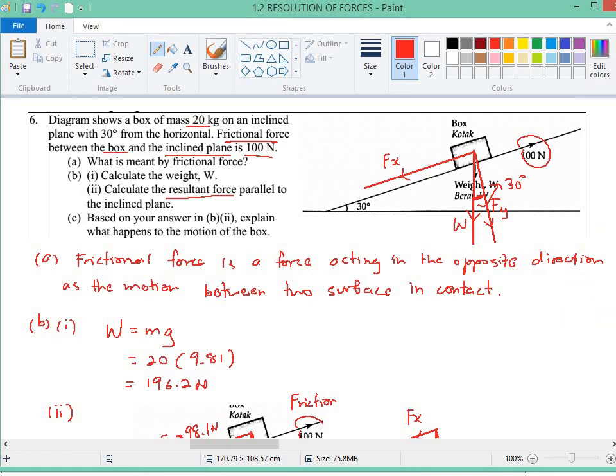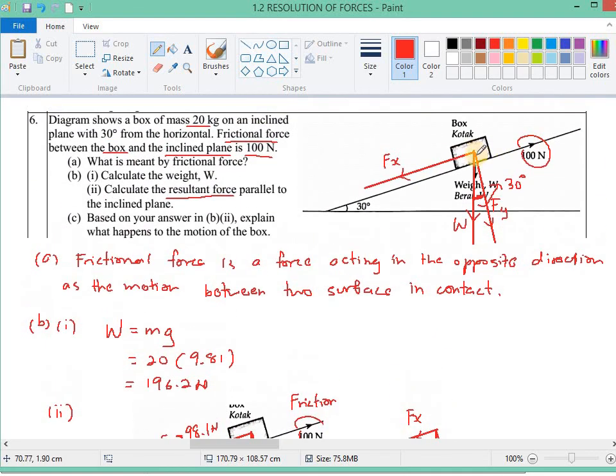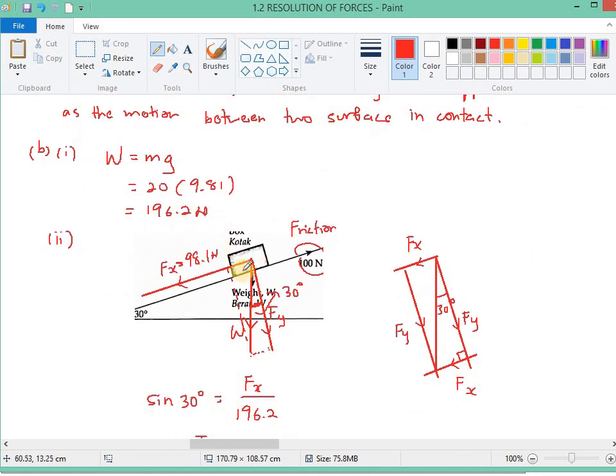That means this parallel component Fx is only 98.1 Newton, which is less than the maximum friction. So the actual friction that will act against the 98.1 Newton is also 98.1 Newton.